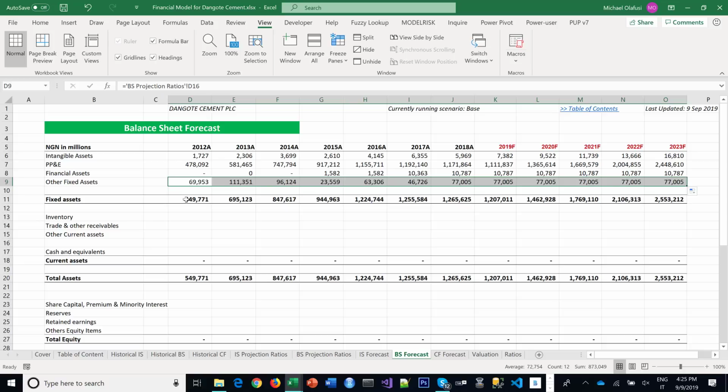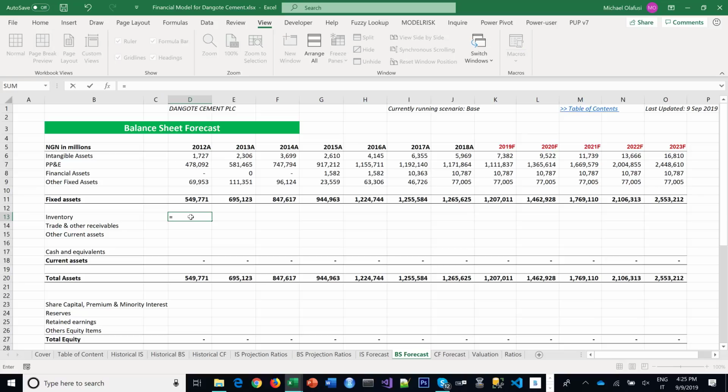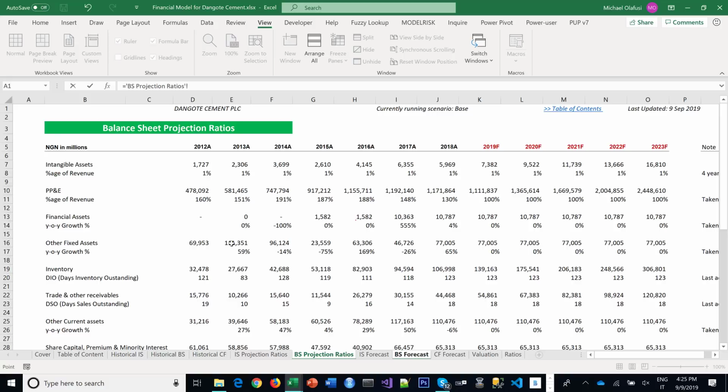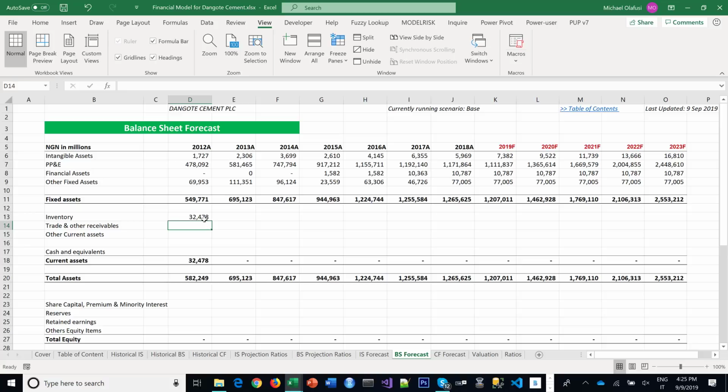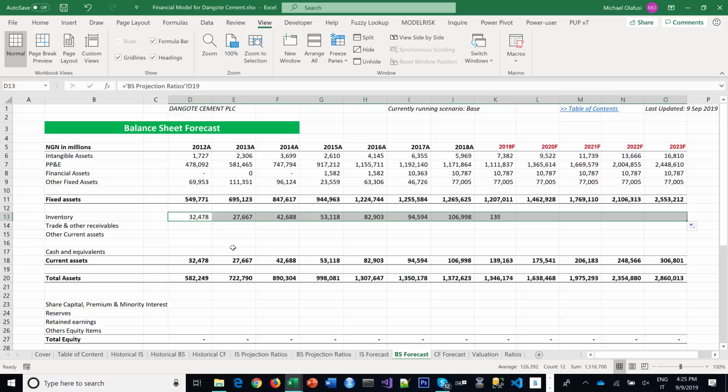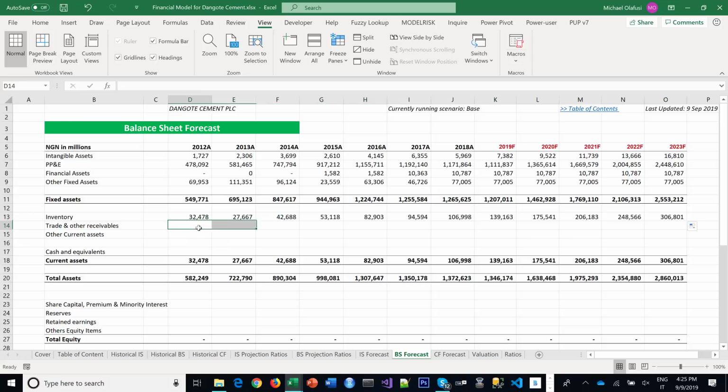I do for the inventory, I pick it, and then I drag into the future for the trade and other receivables.